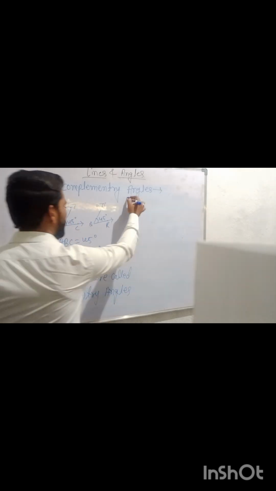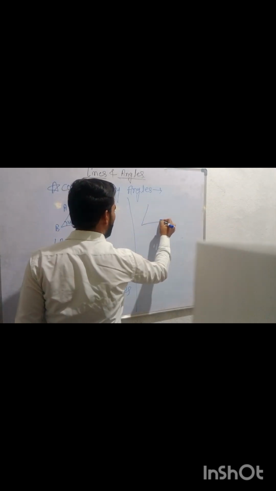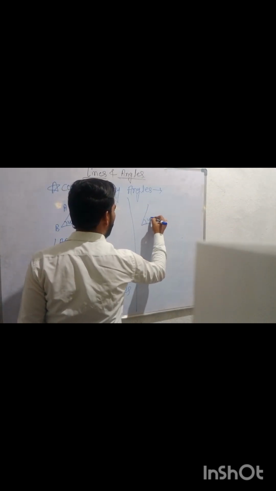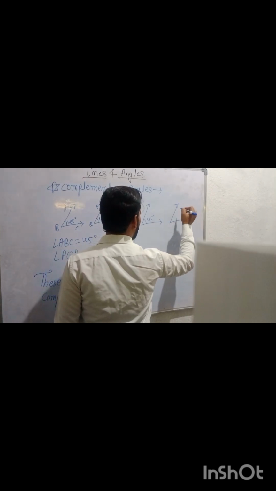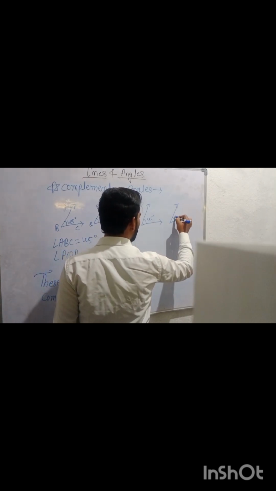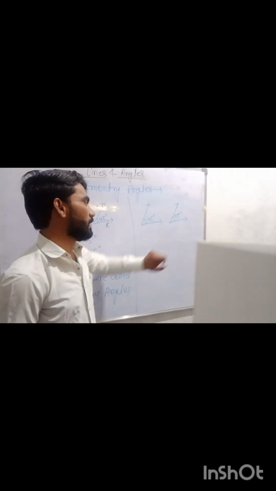Okay. Let's take another example. First one is also 45 degrees, and the second one is 55 degrees. Okay, we have two angles again here.